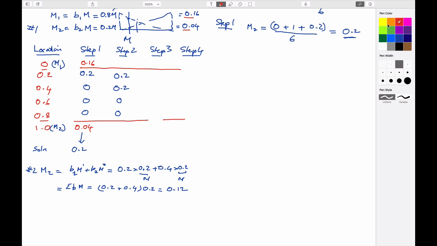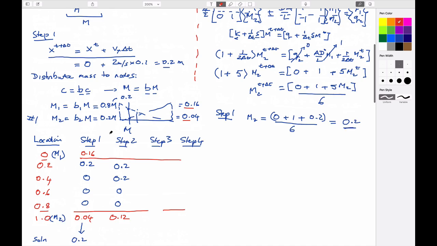So the value of 0.12 ends up being this. This is our new value at this node. It's been advected there, and so it's the effect of advection, but it hasn't got diffusion included.